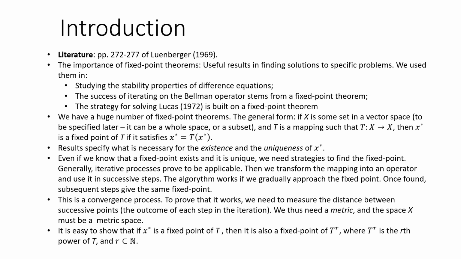There is a mapping on this set, and a fixed point is a specific point in this set by which we claim that the mapping gives the same point. So if we substitute this fixed point into the operator, we receive the same point. So actually the iteration stops at this point.